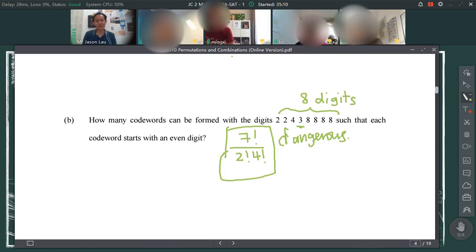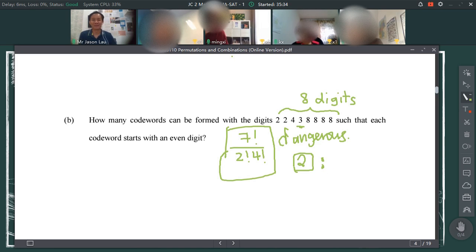Dangerous. Why so? You see, for example, let's say I put the 2 in front. If I insist that 2 must be the starting digit, then how many ways to arrange the rest of the digits? Must we do 3 cases? I'm just asking you this question.